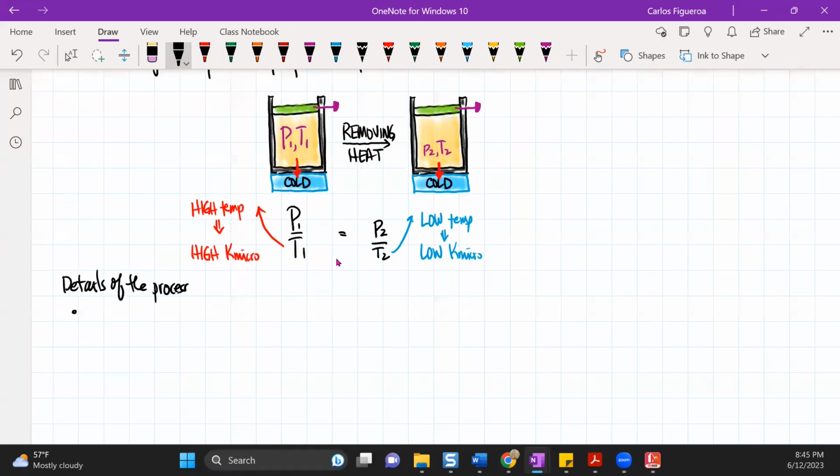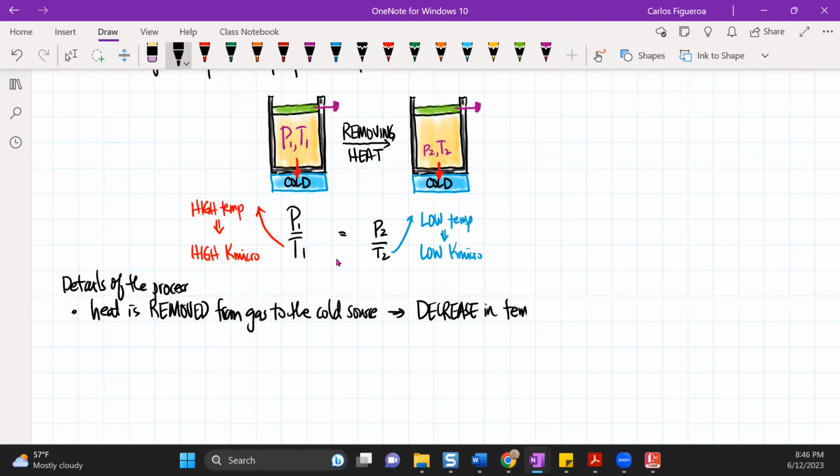We're seeing here that heat is removed from the gas to the cold source. That implies that we have a decrease in temperature and K micro.